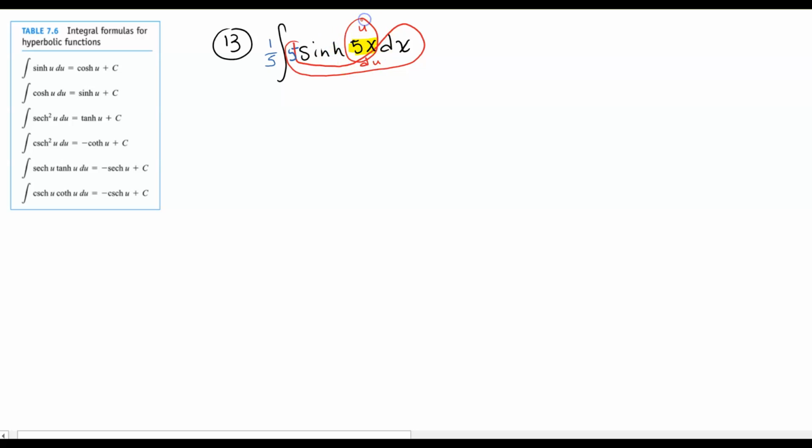And this of course was my u right here. Okay, so I just simply take the integral of sinh, which was this rule that was given right here. Now I have 1/5 the integral of sinh of u du, and it follows that it should be 1/5 of the cosh of u plus c, because these are indefinite integrals.